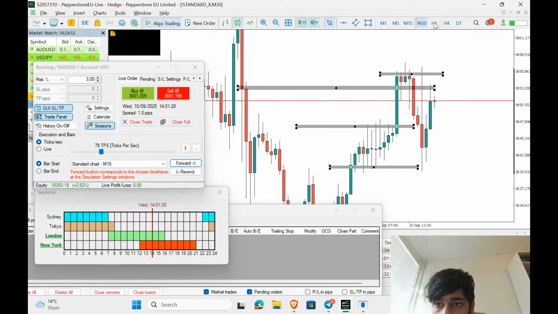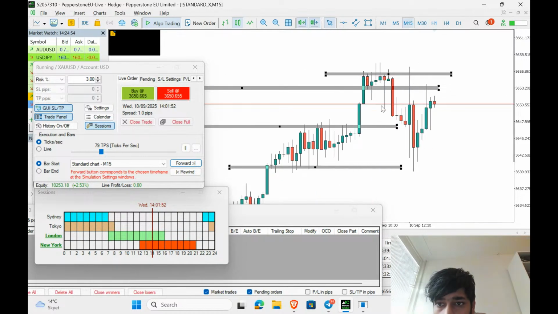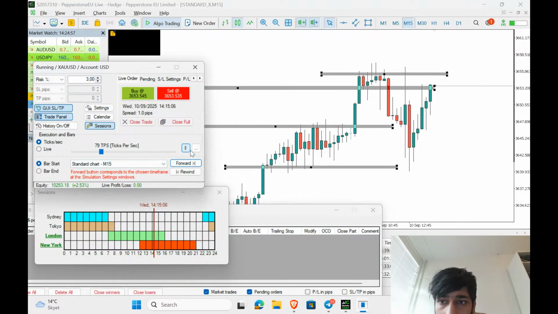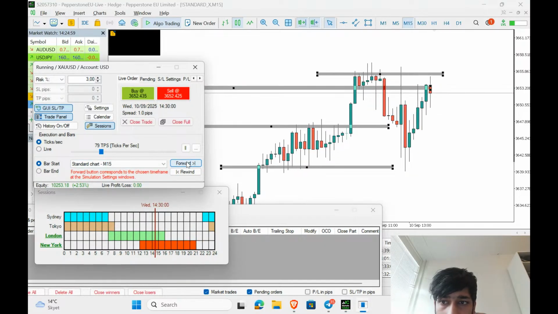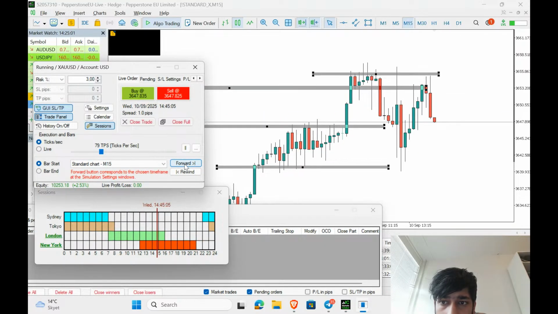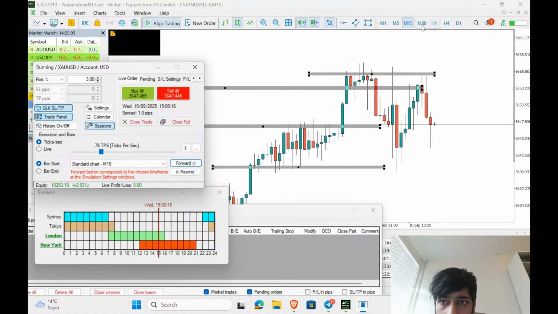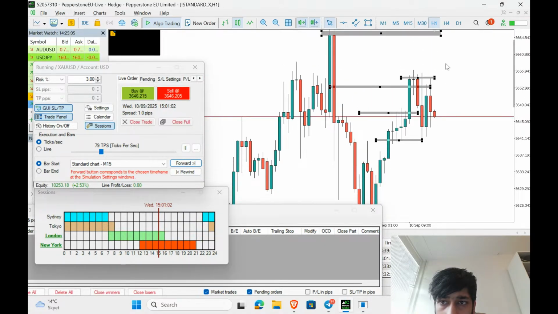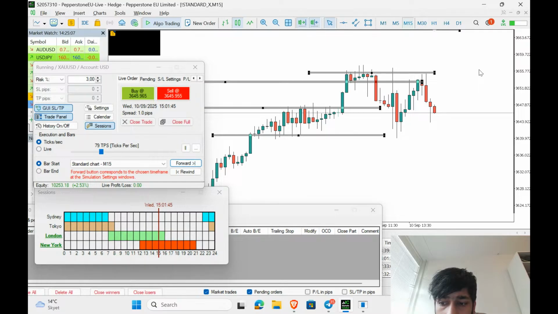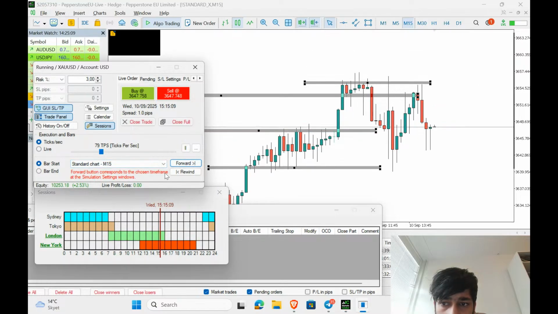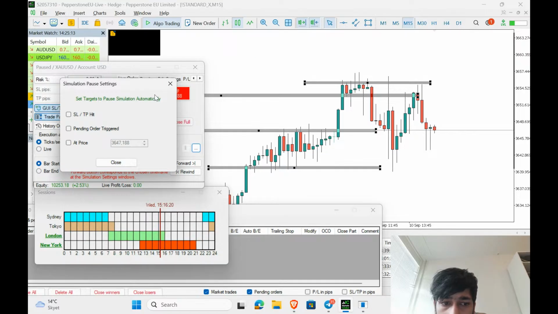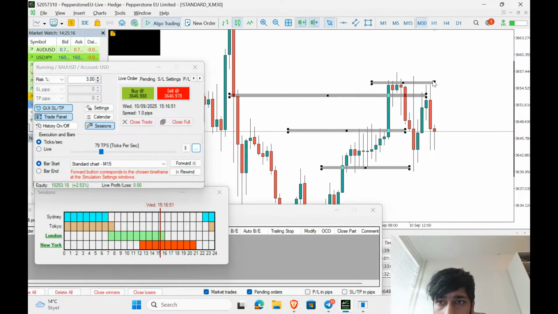See, M30 structures are respected very well. So that's the reason why high time frame confirmation is most important. See, M30 is bearish.